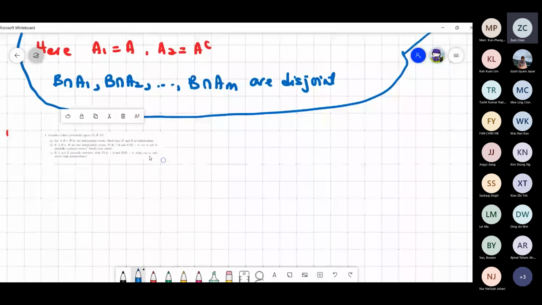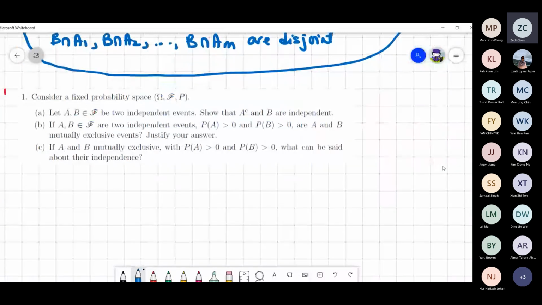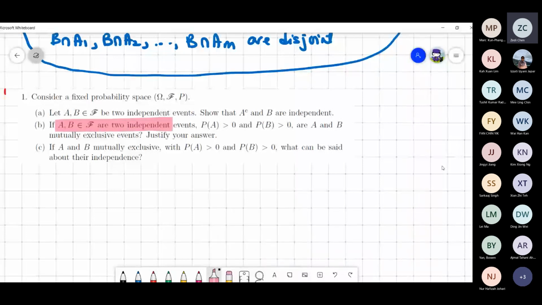So let's carry on to question 1. B and C are quite straightforward. Okay, so let's look at the settings over here. For B, there are two statements over here. So A, B independent, and after that, P(A) greater than 0, P(B) greater than 0. And then we ask whether A and B are mutually exclusive or not.